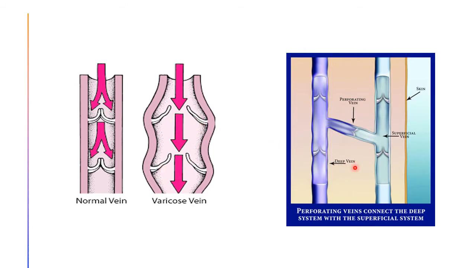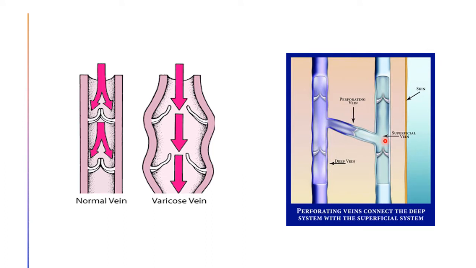This diagram shows the deep vein, which is blue in color and directs the blood by muscle contraction towards the heart. It is unidirectional, as secured by the competent valves in these veins.